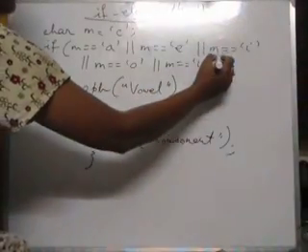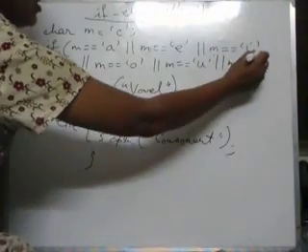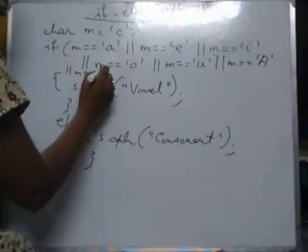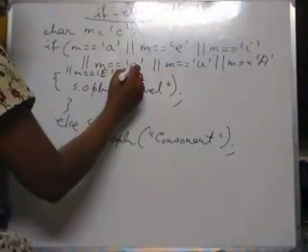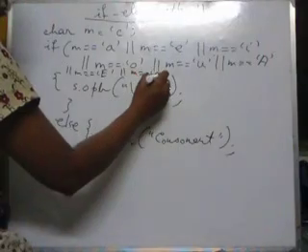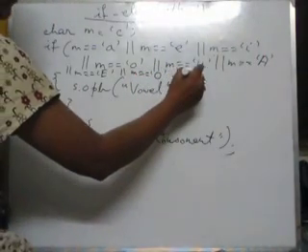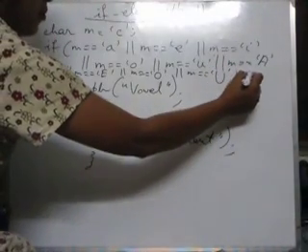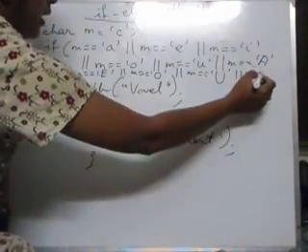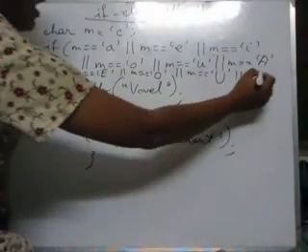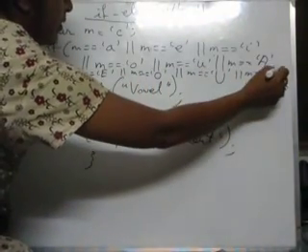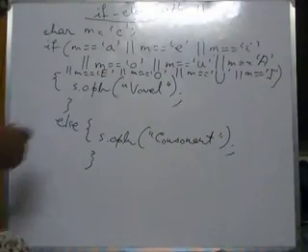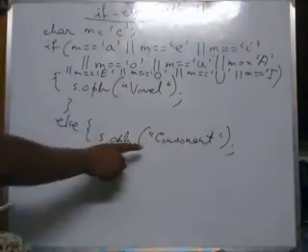For example, OR M is equal to capital A, or M is equal to capital E, or M is equal to capital I, or M is equal to capital O, or M is equal to capital U. So if any of these conditions is true, then it will print vowel, otherwise it will print consonant.